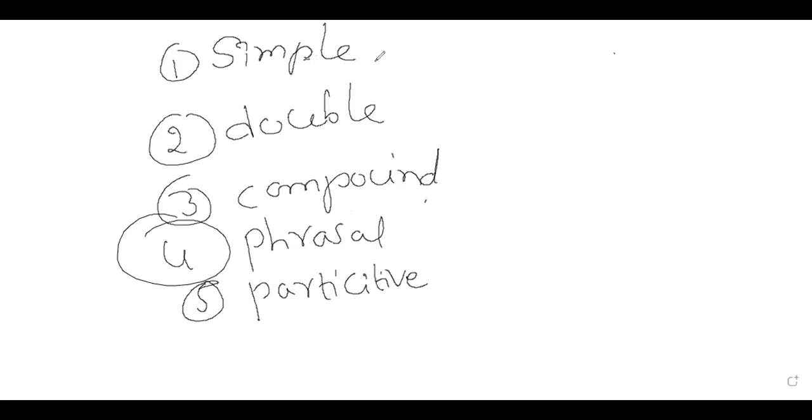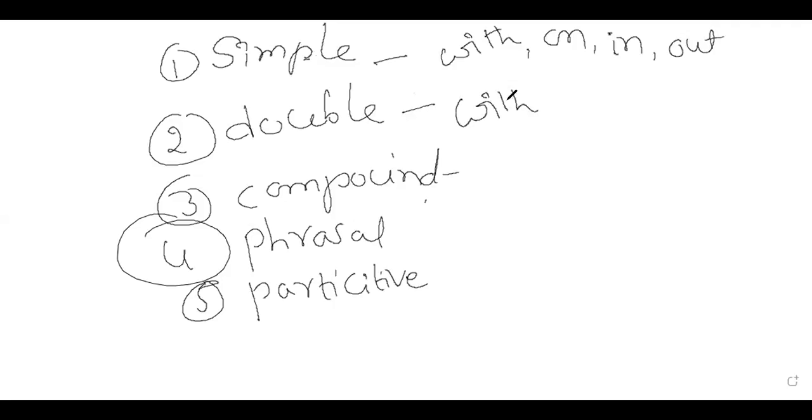If you look at the example for simple, this could be, for example, with, on, in, out, etc. If you look at double prepositions, there's a slight difference between double and compound prepositions because both have more than one preposition. For example, the double preposition has two prepositions, with and out.